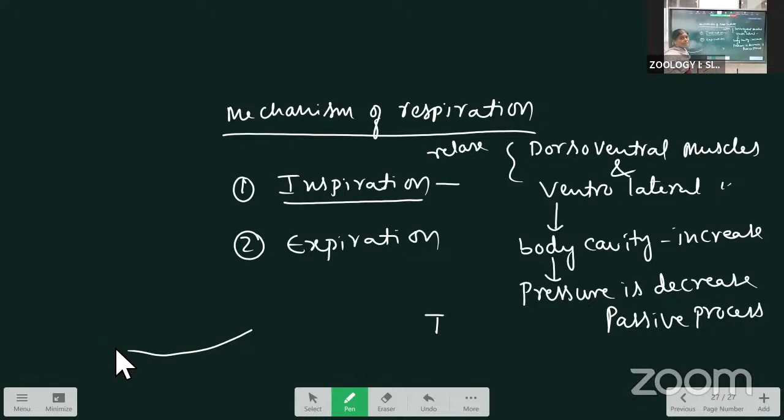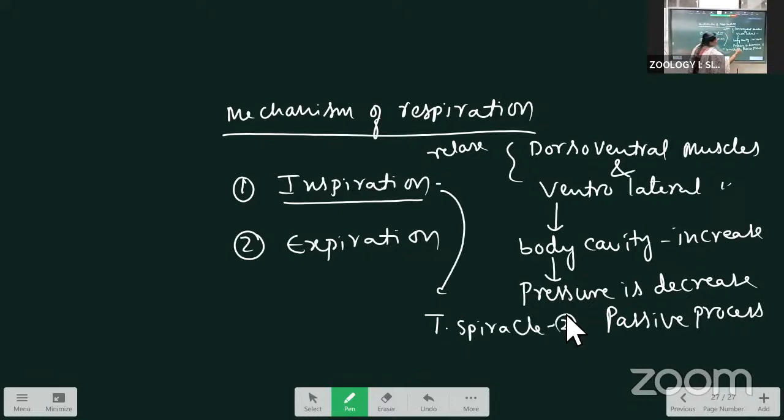In the inspiration time, there are two types of spiracles, as I said. Those in the thoracic region we call thoracic spiracles, and those in the abdomen we call abdominal spiracles. In the inspiration time, the two thoracic spiracles are kept open and all the abdominal spiracles are closed.